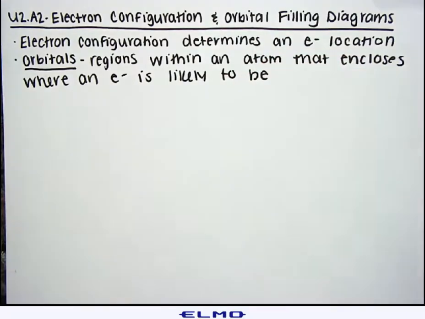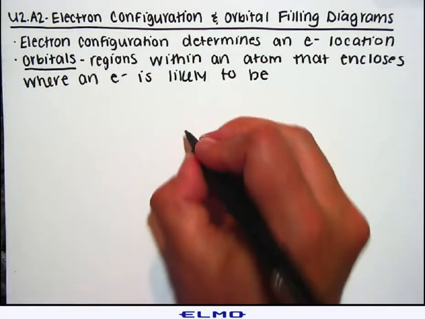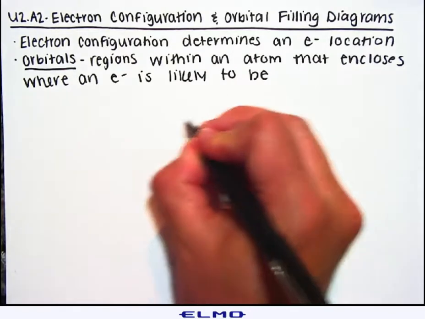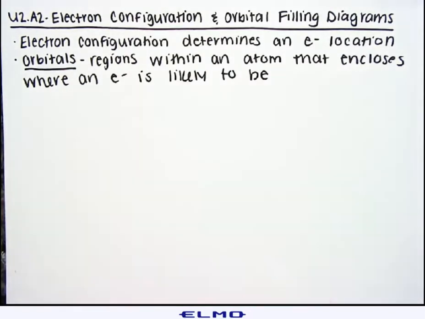So remember we said that the Bohr model was incorrect, where we don't have electrons orbiting around the nucleus like planets around the sun. Rather, there are orbitals, which is a region three-dimensionally where we might find an electron.